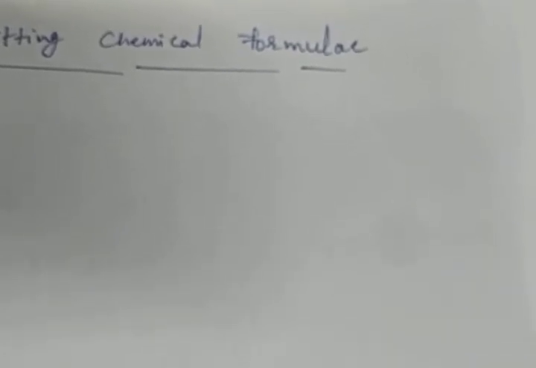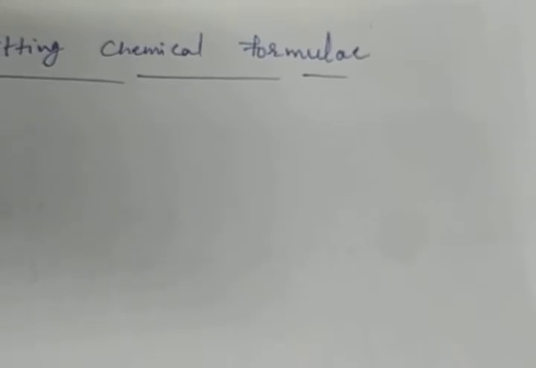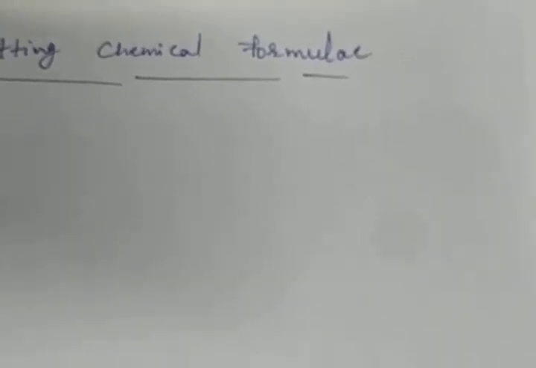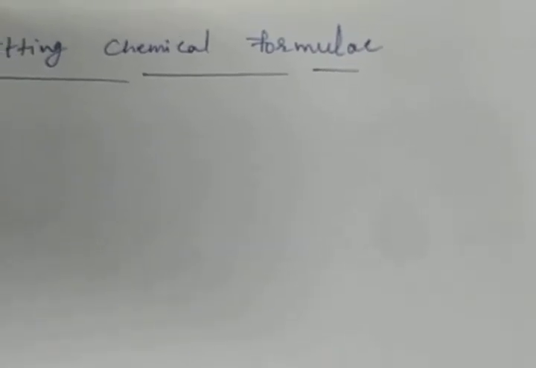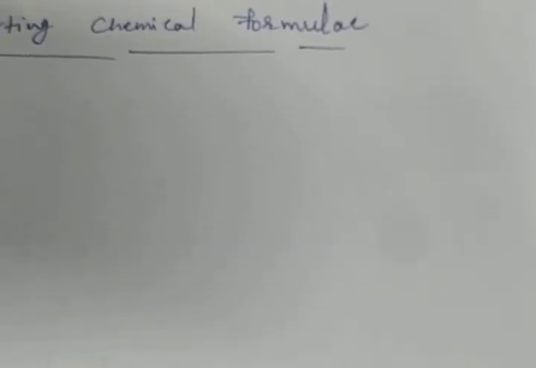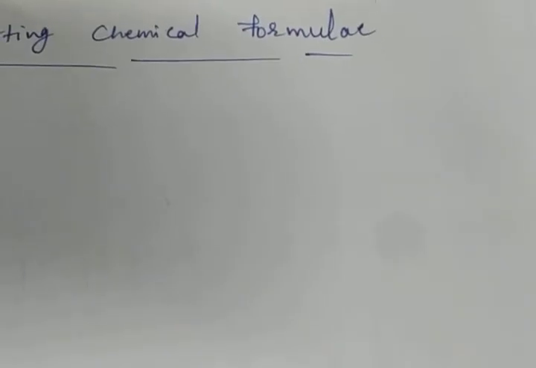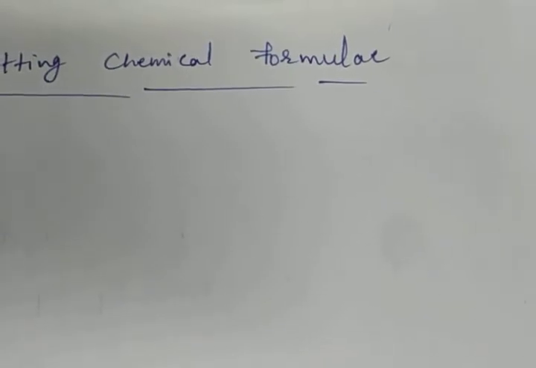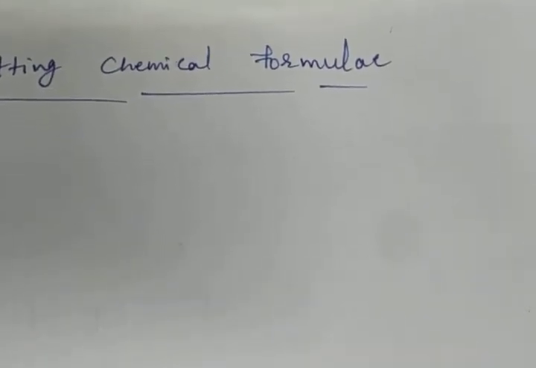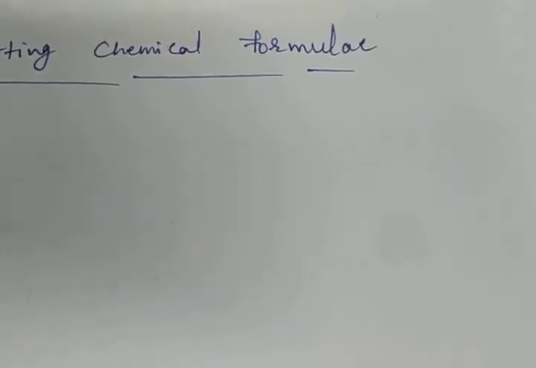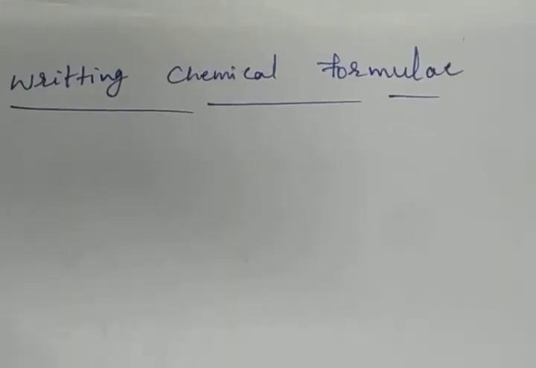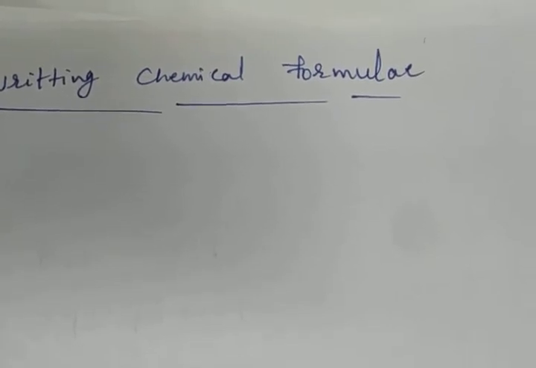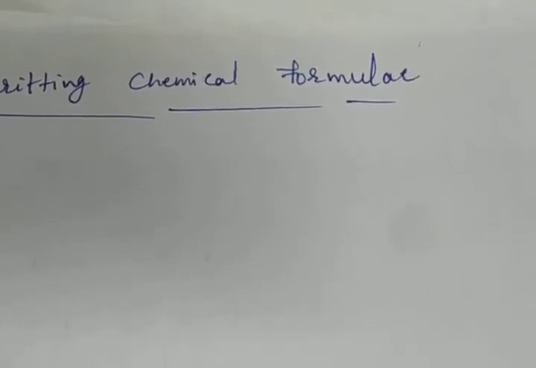The chemical formula of different compounds can be written easily. For this, we need to learn about the symbols and combining capacity of the elements. If we know the symbols and combining capacity of the elements, we can write the chemical formula easily.